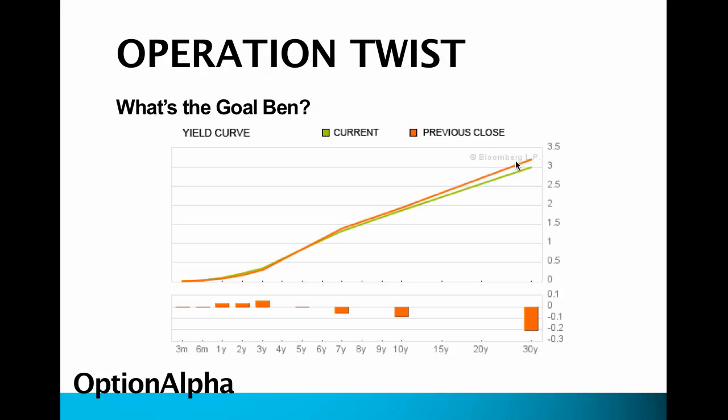Yesterday's previous close was this orange line, and today after the announcement, the yield curve already started to become a little bit more flat. That's the whole goal: these 10 and 30 year securities are going to be bought up by the Fed with more Fed dollars, and so they're going to push these yields, or these interest rates, down. That's going to flatten this yield curve across the board.